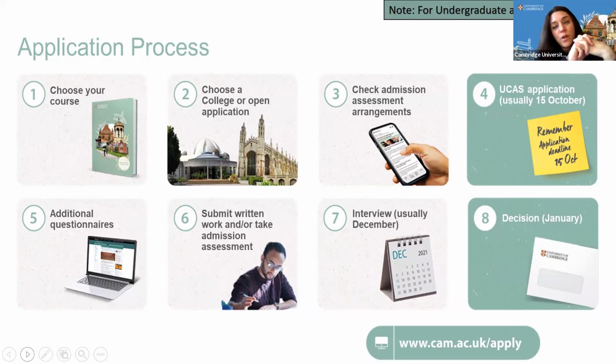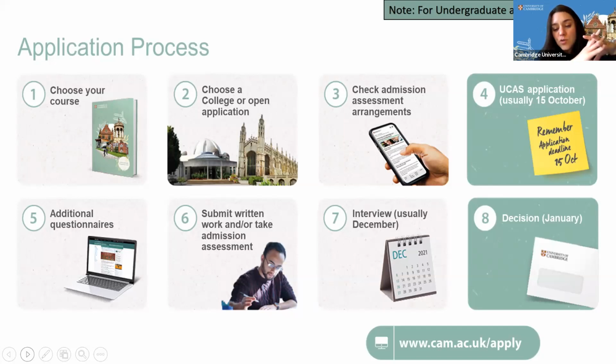One of the most important things to be mindful of is that at the University of Cambridge and Oxford, there are additional assessments. So you will need to sign up for those separately, and you need to do so quite early on in the process.